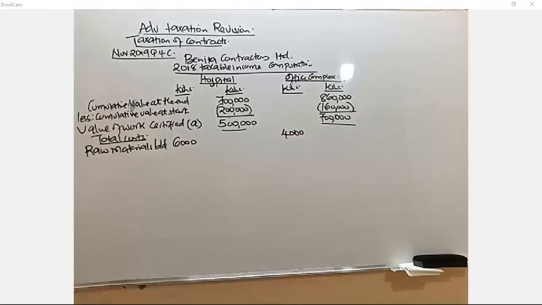Correct. From there, let us look at anything regarding materials. I can go to the transactions undertaken during the year, and there are some materials which were delivered to the sites.